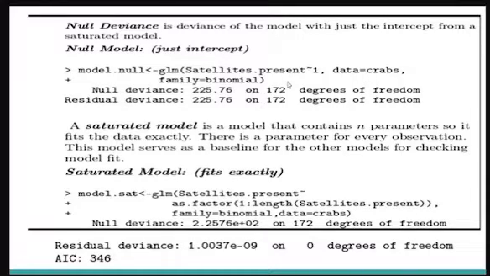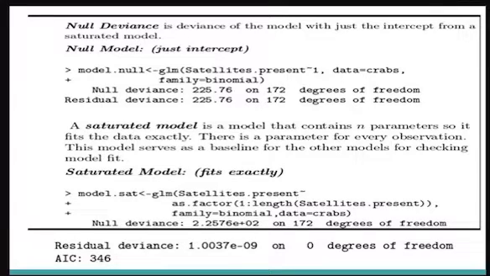Because there's more than one state of nature, oh my God, there's always going to be an error. We don't expect a saturated model. And that is why the degrees of freedom for the saturated model will be 0. But the ideal model we're looking for is the one that falls in between the null model, that I call an intercept model, and the saturated model.